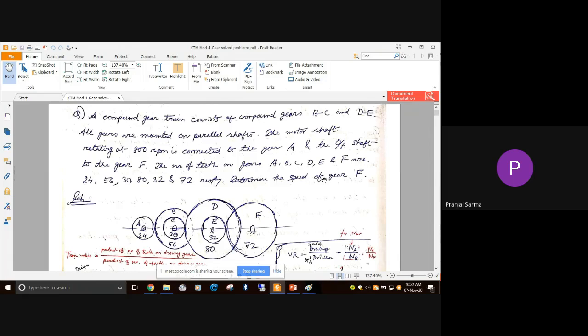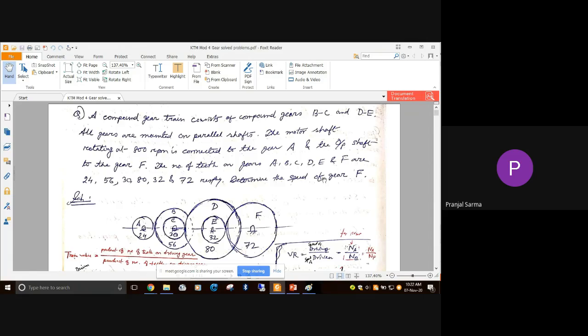At first we'll start with a small problem from gear train, because the concept is still fresh in your mind, as we covered it in the last class. After this, we'll discuss some other problems from gear drive, like contact ratio, arc of recess, arc of contact, etc.